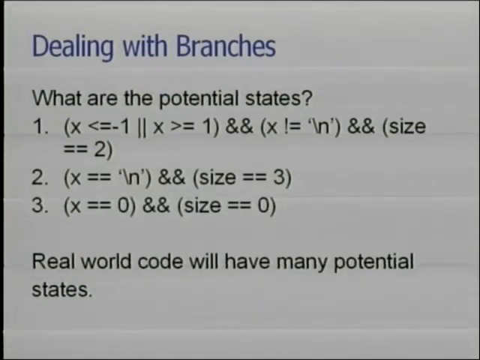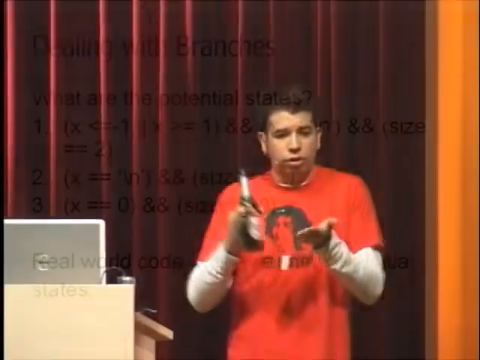So real code is going to have way more potential states than this. I mean, this is just a simple function. But this is kind of how you create constraints. And later on, when you call other functions and stuff, there's possibilities that these constraints are going to merge, and this explosion can kind of trim down. And that's really what you're looking for. You're trying to minimize the possibilities.